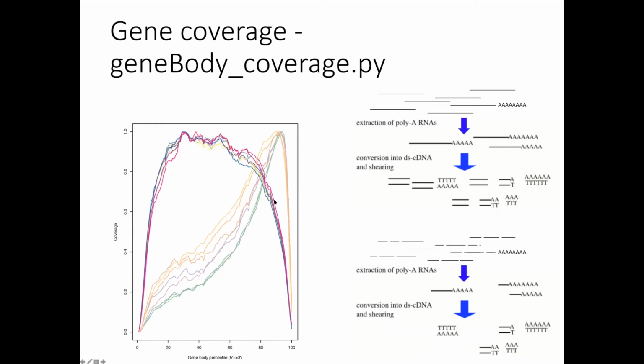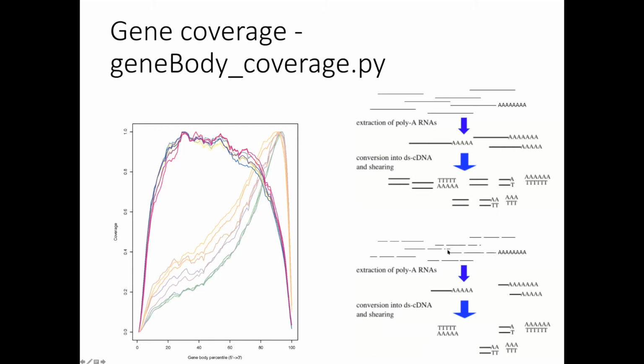Let's say instead that you have a sample that has been degraded, so there are lots of nicks in the RNAs. They are no longer full-length RNAs. And then when you extract the ones with the poly-A tail, you will get the poly-A and you will get only this small part that belongs to that one.